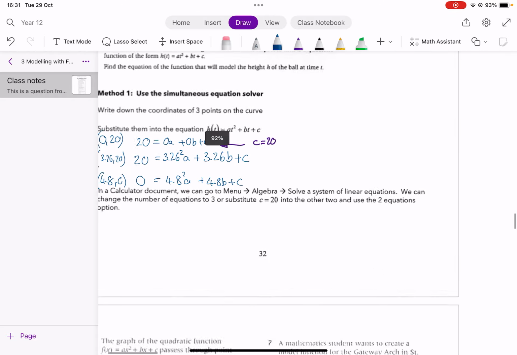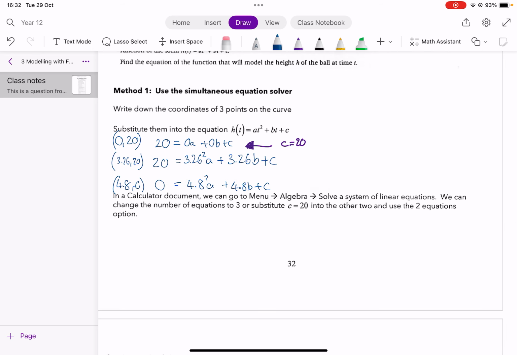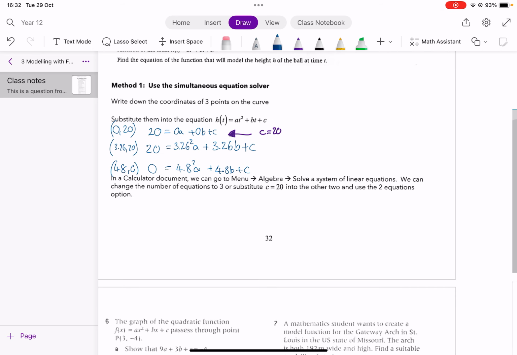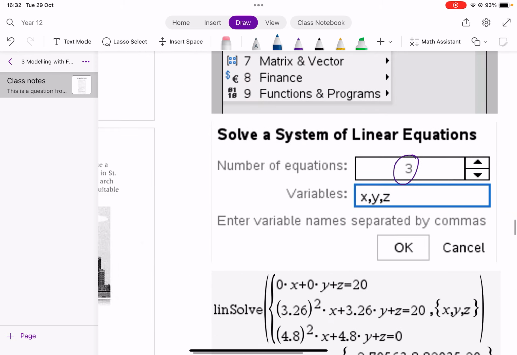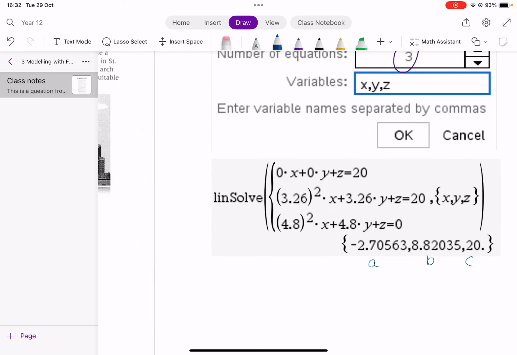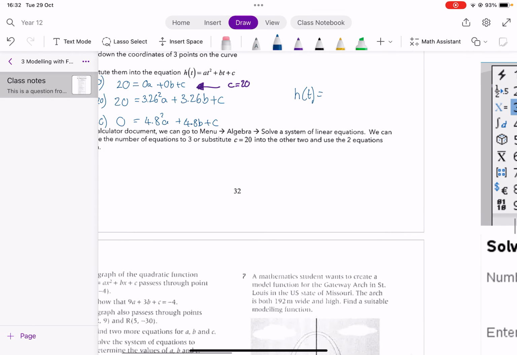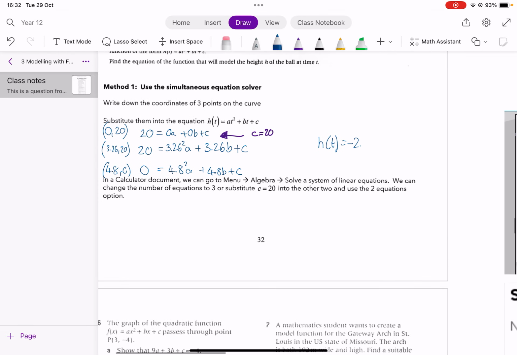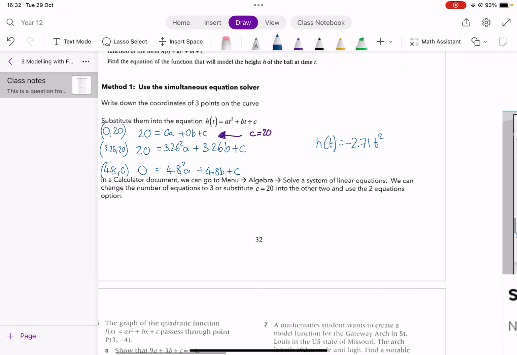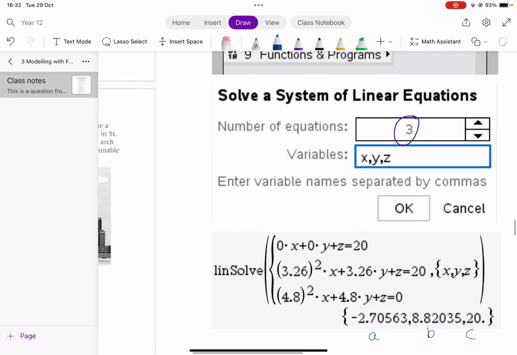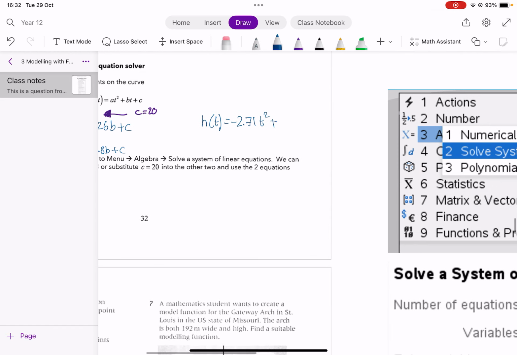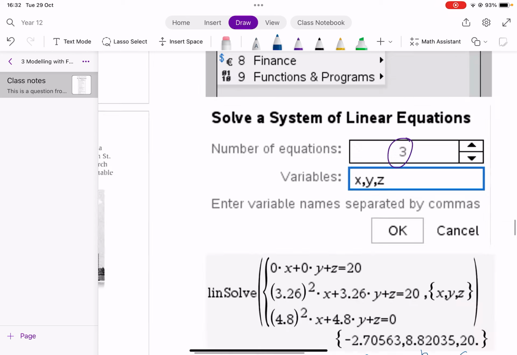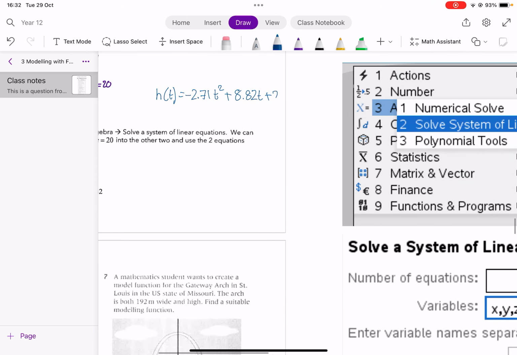So I know that in my context they are A, B, and C. So what am I trying to do for the question? I'm trying to find the equation. So it's going to be h of t equals, and I'm going to round all of these to 3 significant figures, negative 2.71t squared plus 8.82t plus, and this should say 20. Okay, so this is my function.